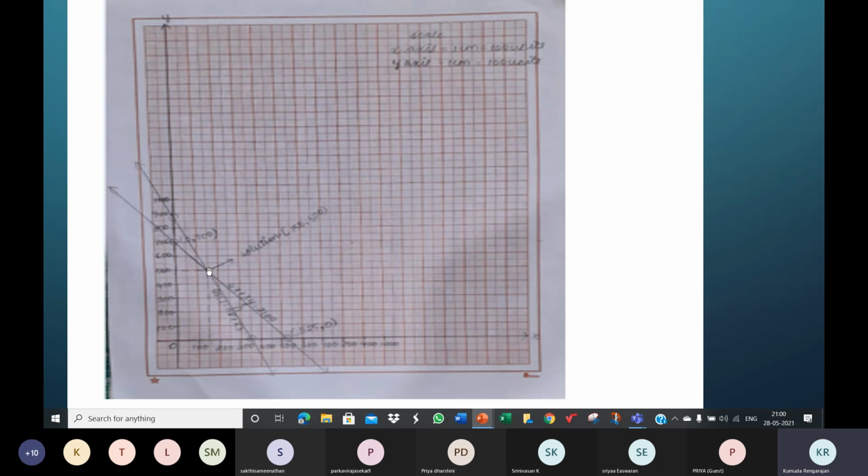The two lines meet here. From that point, drop a perpendicular to the x-axis and the y-axis. Read the values 150, 500. So the cost of one chair is 150 rupees, and one table is 500 rupees.